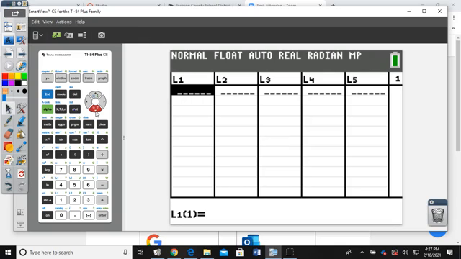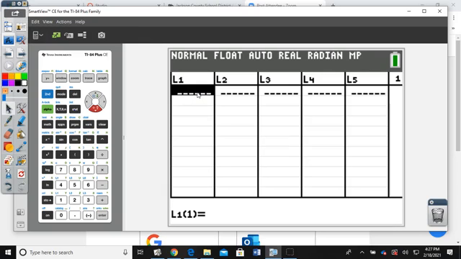So notice very carefully how they worded that. Write a model that relates the population as a function of the number of years since 1980. So when I go to plug in my years here, I'm actually not plugging in the years. The years say 1989, 1994, 2000, 2010, 2020, and 2025. But those are not the numbers you plug in.